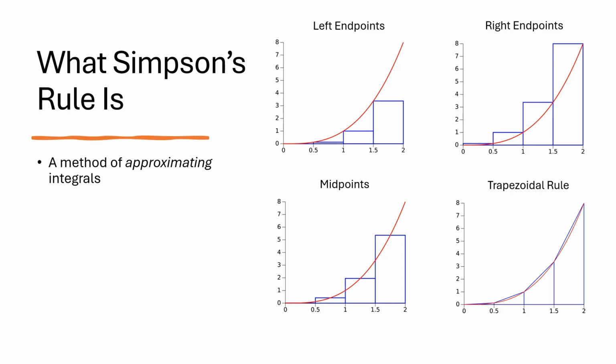First, let's briefly review what Simpson's rule is. Just like the left endpoint method, the right endpoint method, the midpoint method, and the trapezoidal rule, it's a way to use the interpretation of an integral as an area to approximate integrals by subdividing that area into smaller pieces.